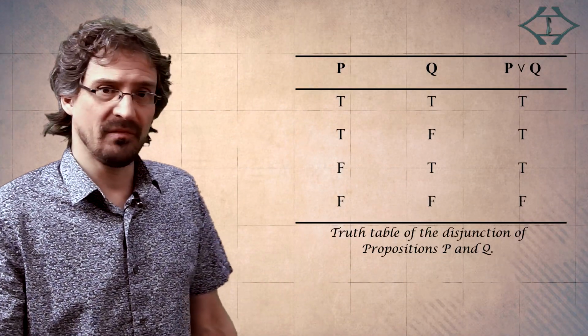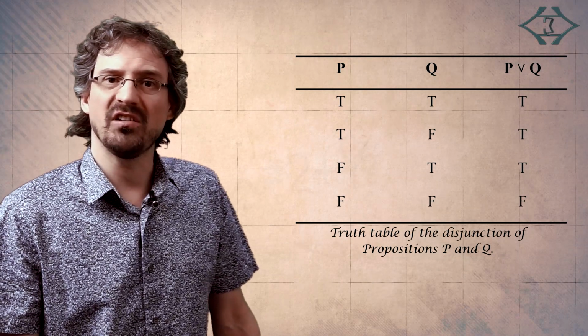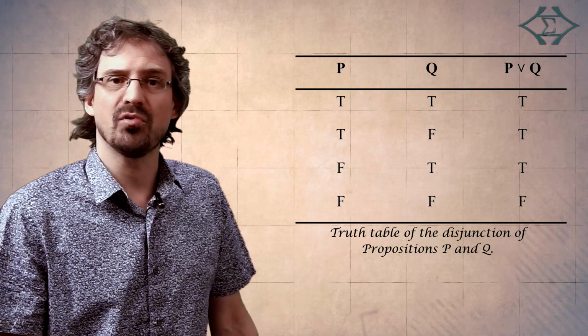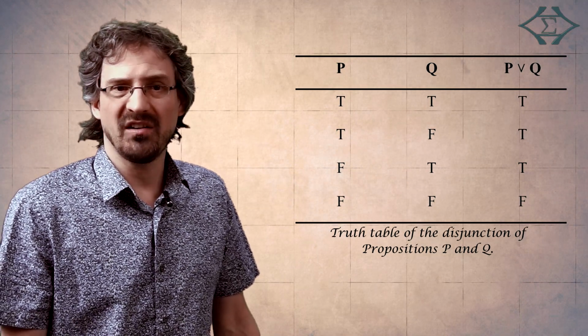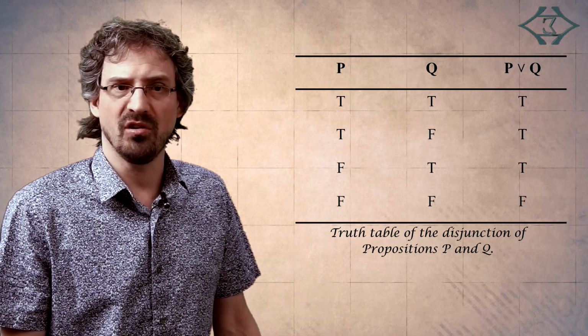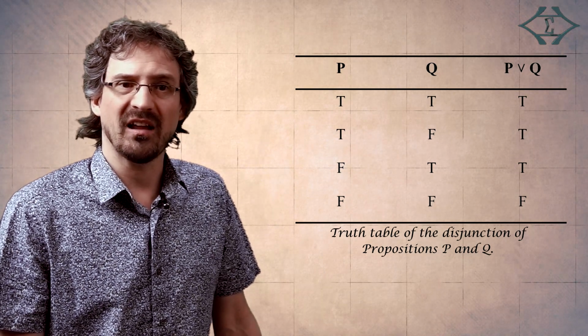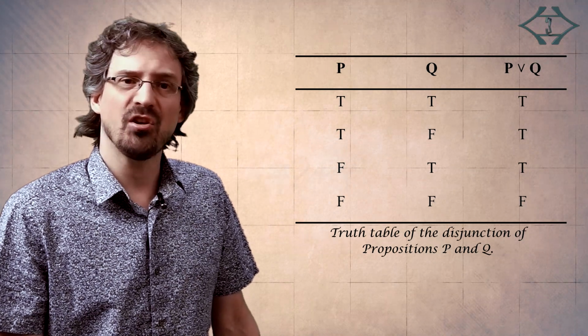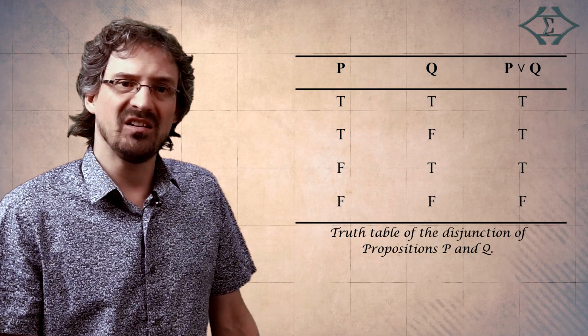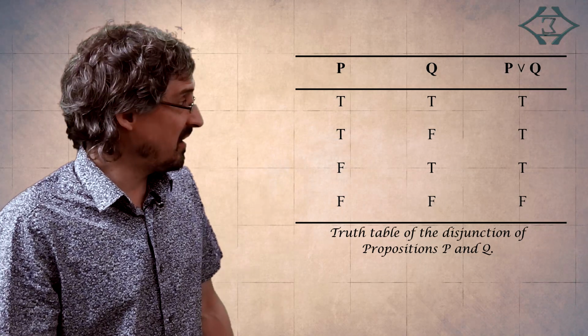And so, unlike the exclusive or, it is meaningful to consider both P to be true and Q to be true. This leads us to the following truth table, as a matter of definition for a disjunction of two arbitrary propositions P and Q. Whereas one might expect from one's intuitive notion of the inclusive or that it can only be false if both P is false and Q is false, which is indeed the case as shown here in the truth table.